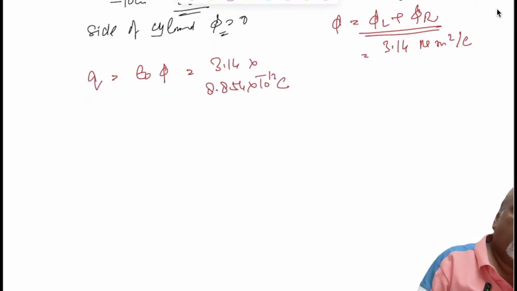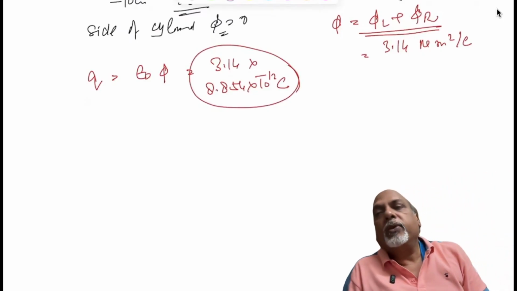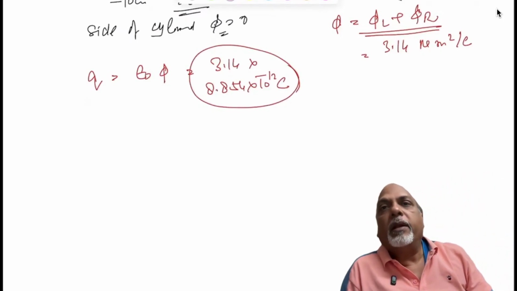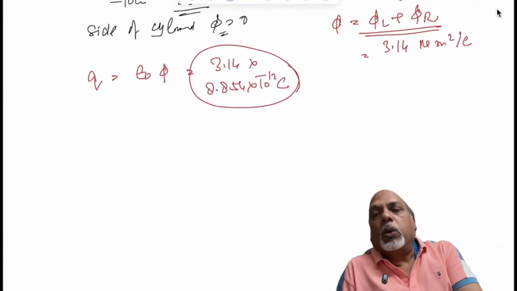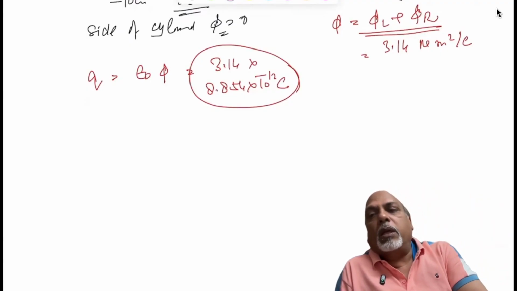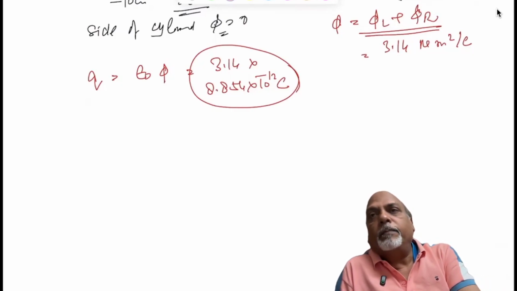So this is basically the charge inside the cylinder. Correct? So this solves your example.